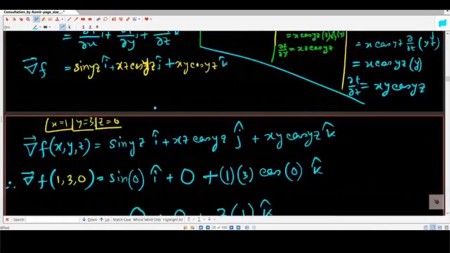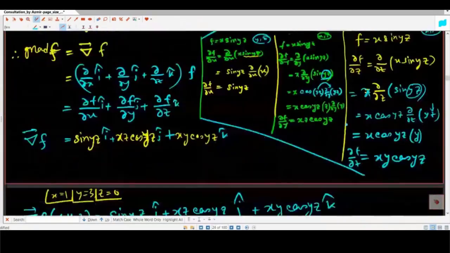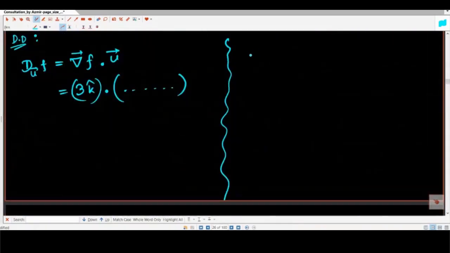We have a vector given, and we need to find the unit vector of this vector. The unit vector u, which is denoted as u hat, or we can use an arrow sign, equals the vector divided by the length of that vector.